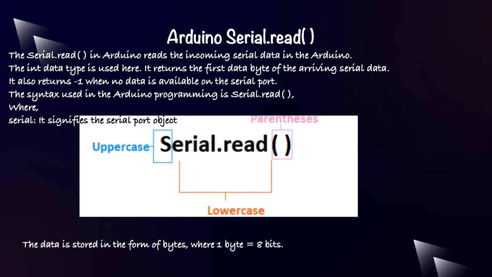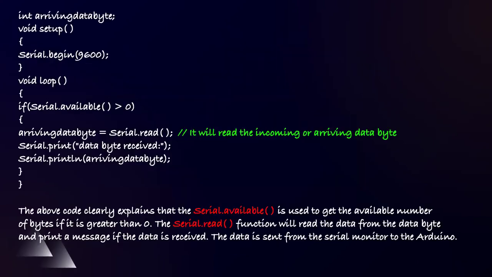So Serial.read, what does it do? As the name suggests, dear students, it basically reads the available data. Now let me show you a real-time example that I have been working on, which is very important to see the actual structure of the code.